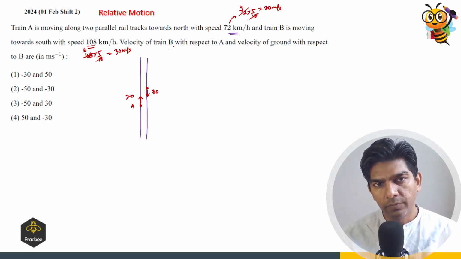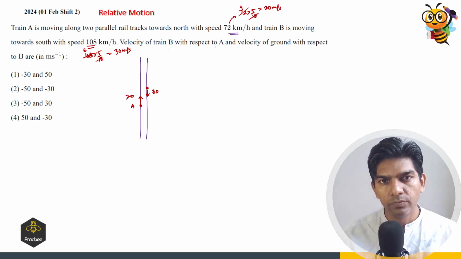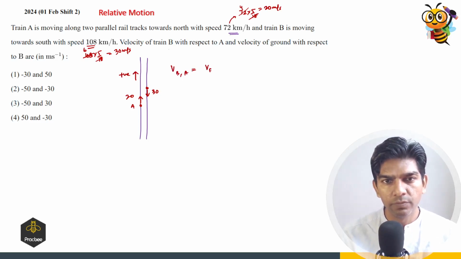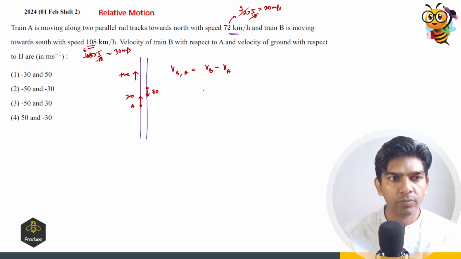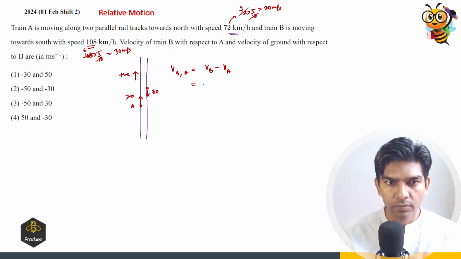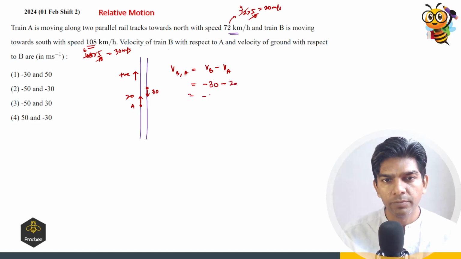So velocity of train B with respect to A. Let us assume upward direction is positive. So velocity of B with respect to A will be velocity of B minus velocity of A, that is minus 30 minus 20, so that will be minus 50 meters per second.